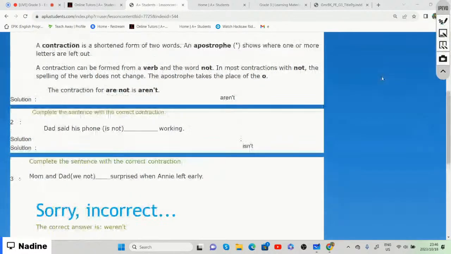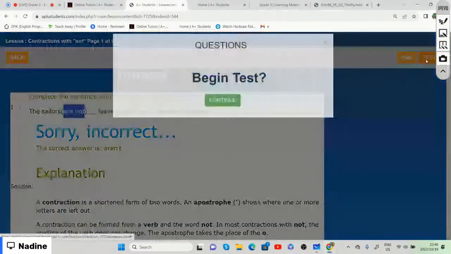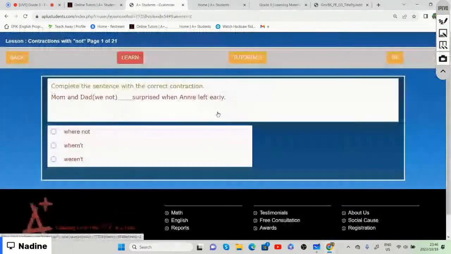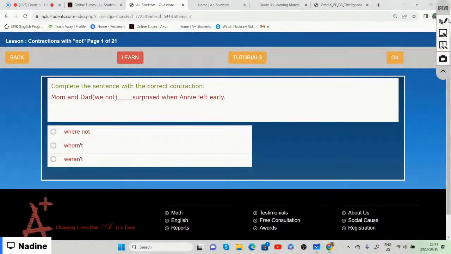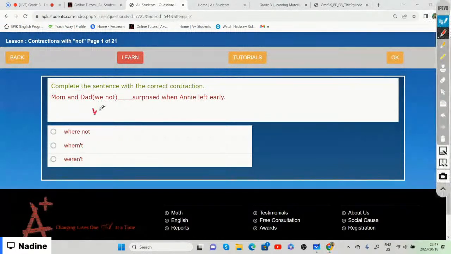And before we end off, let us just go to our test. All right, so we're going to complete the sentence with the correct contraction. Mom and dad were not surprised when Annie left early.